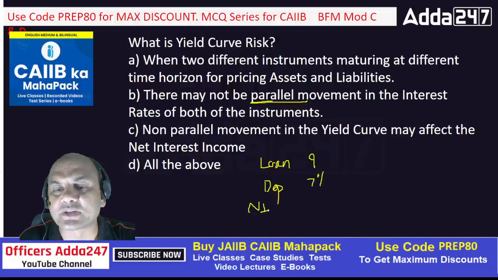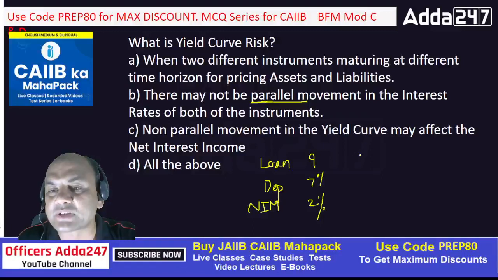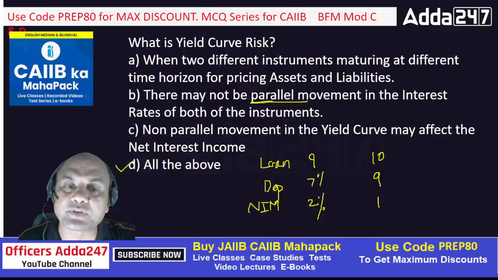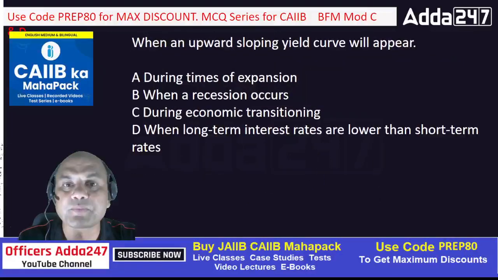NIM is 2%, right? Net interest margin is 2%. Now what happens if the loan grows by 1%, to 10, and the deposit grows by 2%, to 9? NIM will be 1. So it will affect my net interest income. Non-parallel movement in the yield curve may affect the net interest income. So the answer is D, all of the above, isn't it?